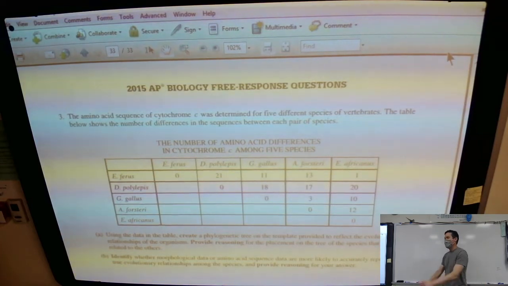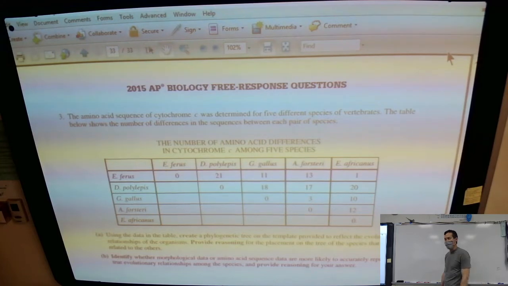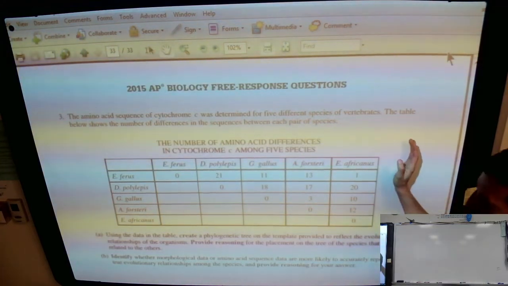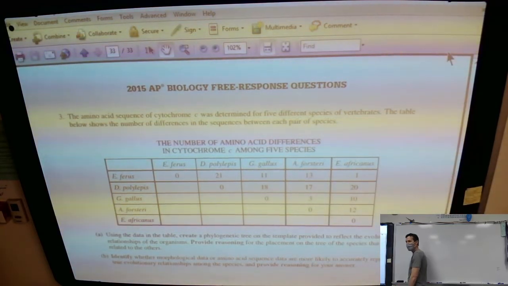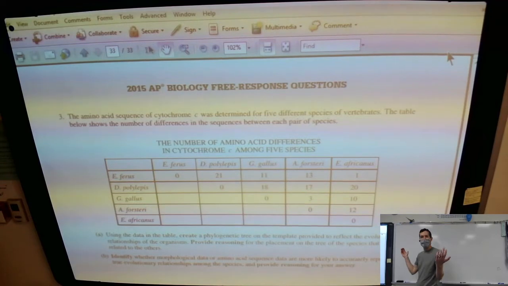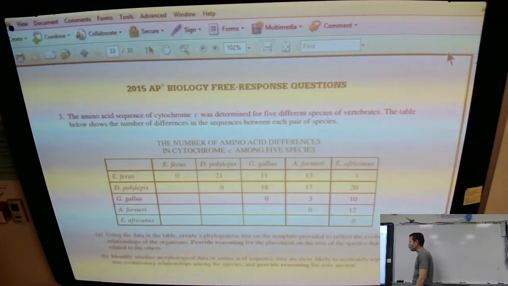So we've got some evolution, cladograms, and Hardy-Weinberg stuff that we're looking at today. I've got one cladogram question. If you're in the after school reviews, we did two or three of them. I'm starting to run out of old cladogram questions to ask you, but because they ask it almost every year, I can't remember exactly what it was.